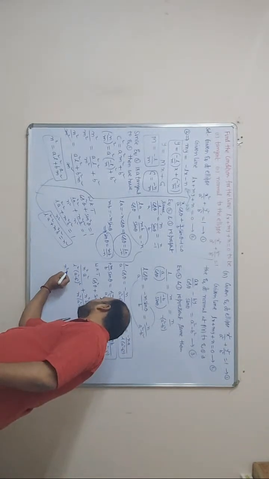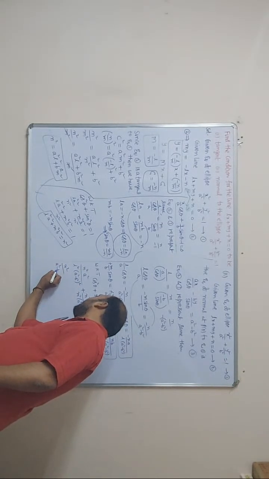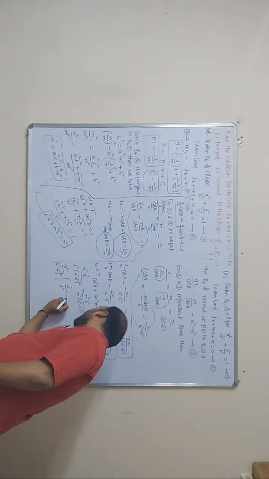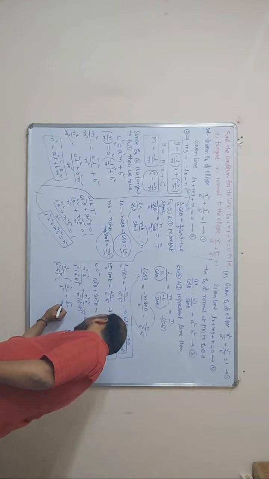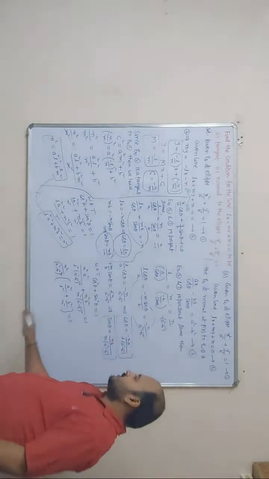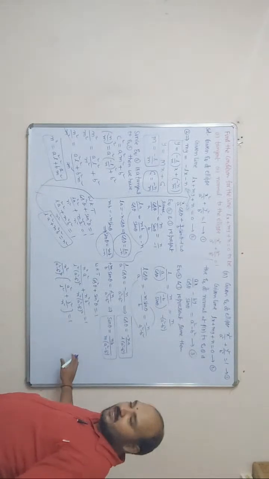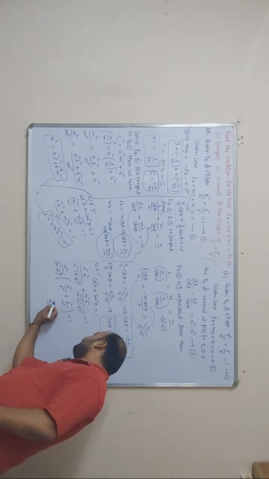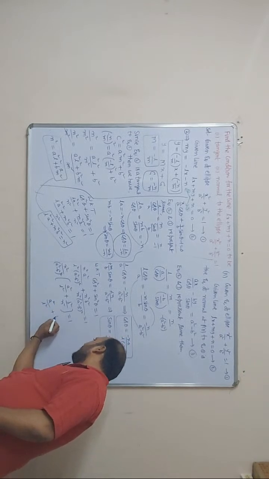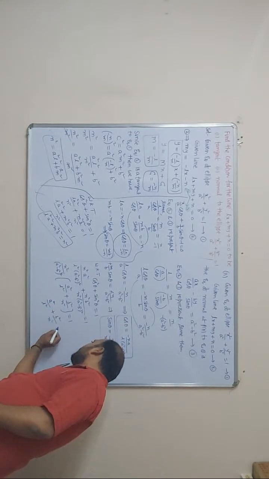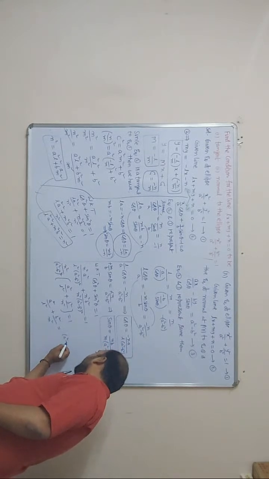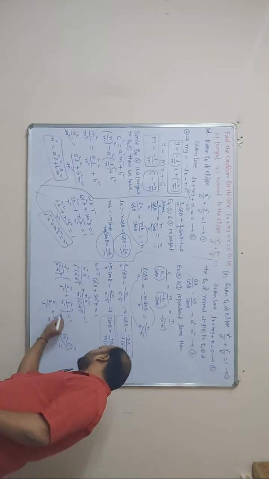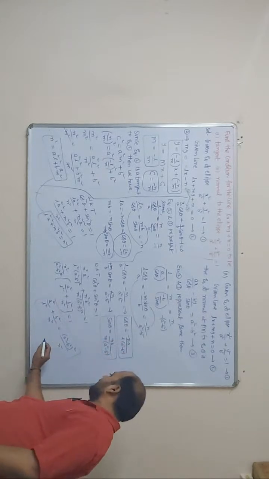You take it common. So the rest of the terms: a square by l square plus b square by m square is equal to 1. So these values I am taking this side. Therefore a square by l square plus b square by m square is equal to a square minus b square whole square by n square, which is the required condition for the normal.